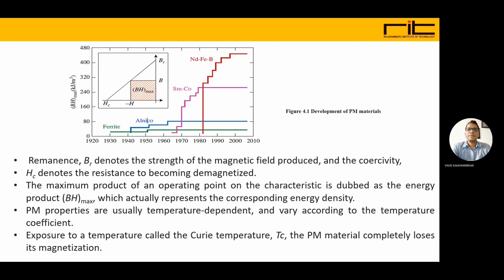This is the graph that shows the deployment of permanent magnet materials. You can see this is the BH maximum versus the year. We can see the ferrite material which started in 1930, then alnico from 1940 to 50, and they are still changing.